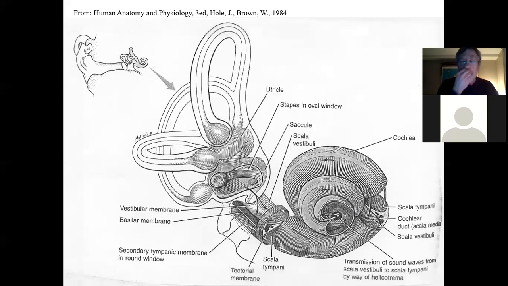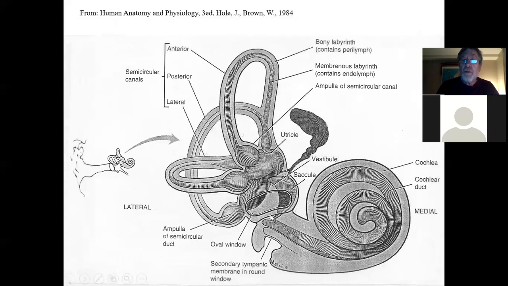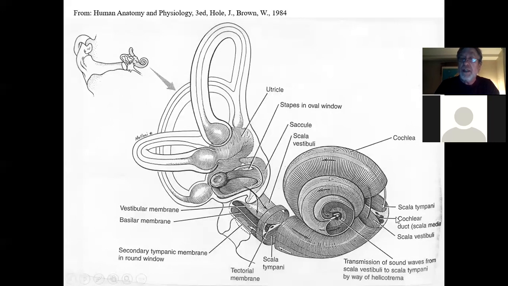So that triangular shaped membranous labyrinth actually splits the bony labyrinth of the cochlea into two halves. Bony labyrinth, membranous labyrinth, bony labyrinth, membranous labyrinth.